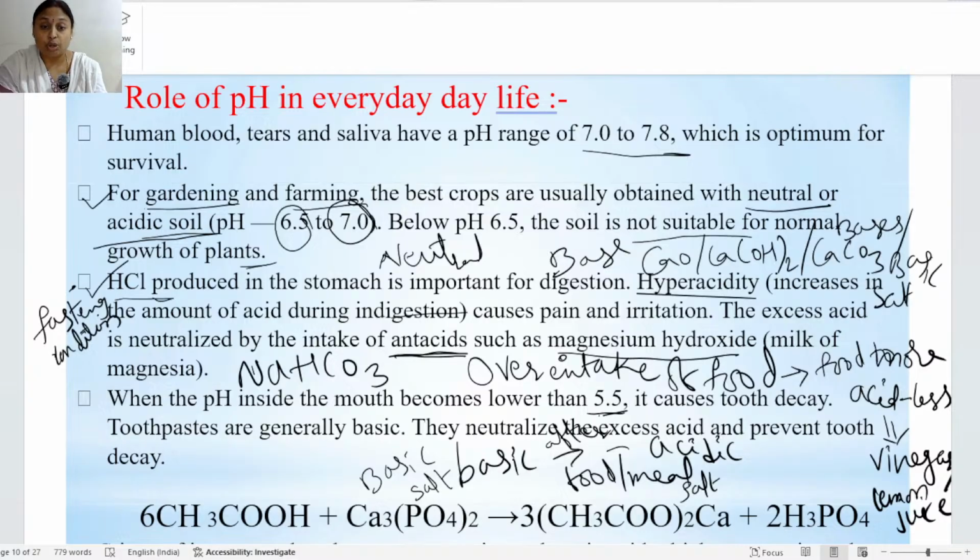So the pH is dropping down. Because of that reason we see tooth decay. What is the meaning of tooth decay here? We see cavities and reduced calcium levels. That is known as tooth decay. So these are the applications of pH. Other than this, we will see a few more.